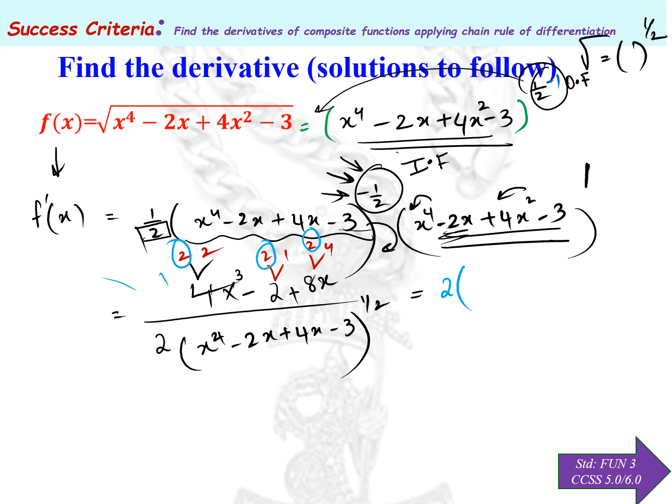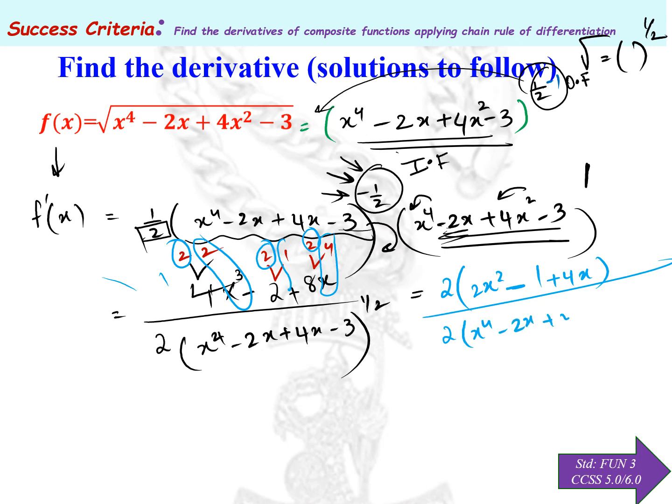Here left 2x cubed, minus here left only 1, and over here left 4x, over the denominator written as it is, or you can write it in the form of a radical. Now this 2 cancels with this 2 and that is your answer.